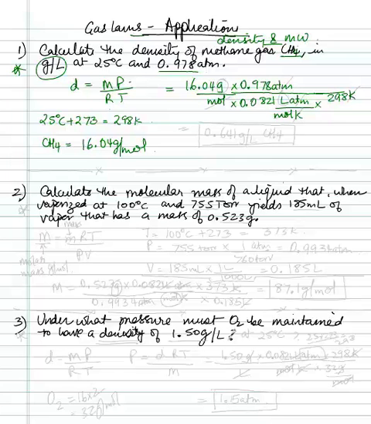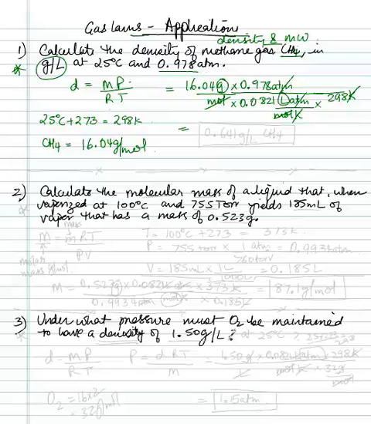The first thing I want to do is cross out my units. Kelvin goes, moles is gone, atmosphere is gone, and I'm left with grams over liters, which is exactly what I'm looking for because that's the density.